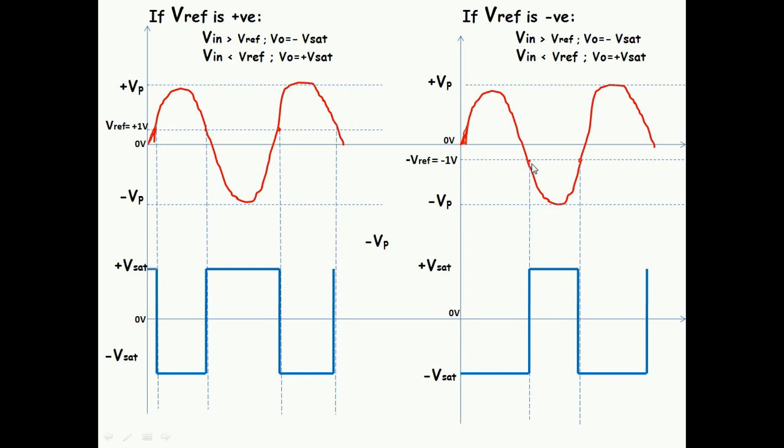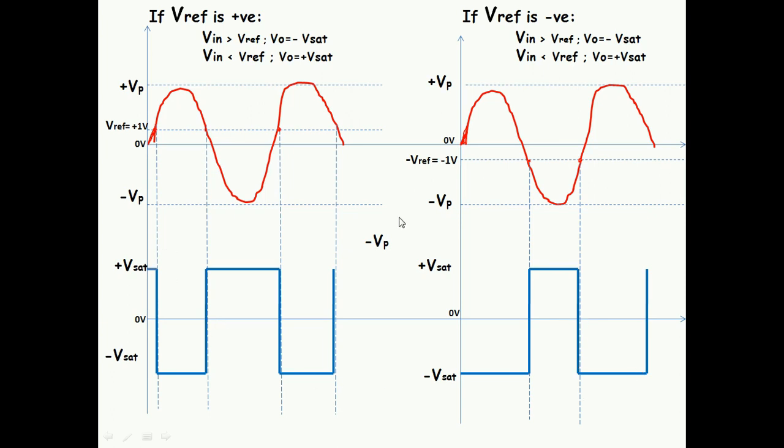Here you can see Vin is less than V reference. When Vin is less than V reference, from here to here you can see the inversion of the input signal at the output. It appears at plus V saturation level. When it becomes equal to V reference again, it switches from plus V sat to minus V sat.